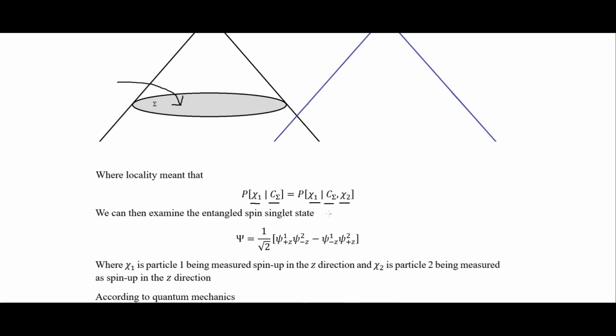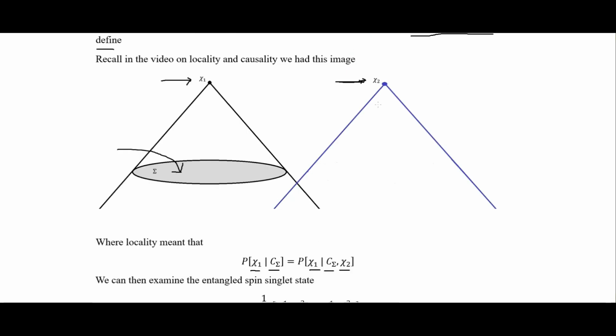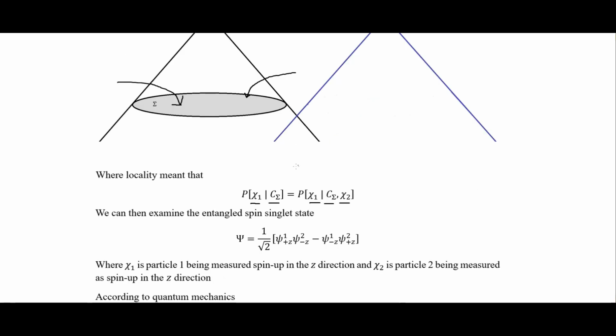So those things would have to be equal, which is essentially saying that this right here should not be affecting this right here in any way if they do not cross over this complete specification of events right here.